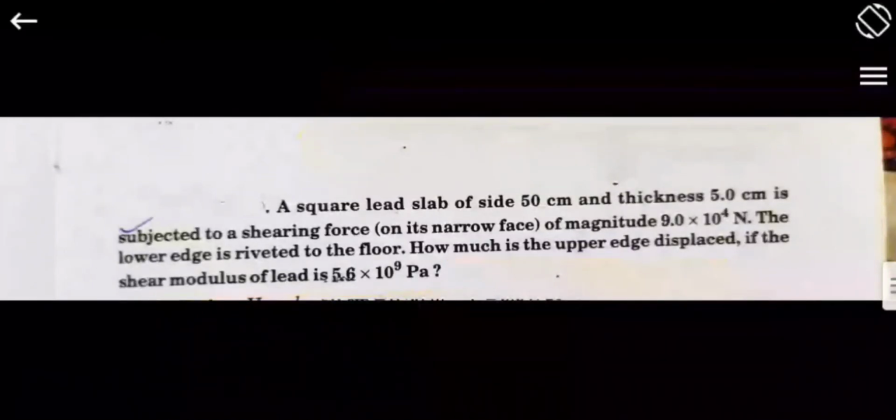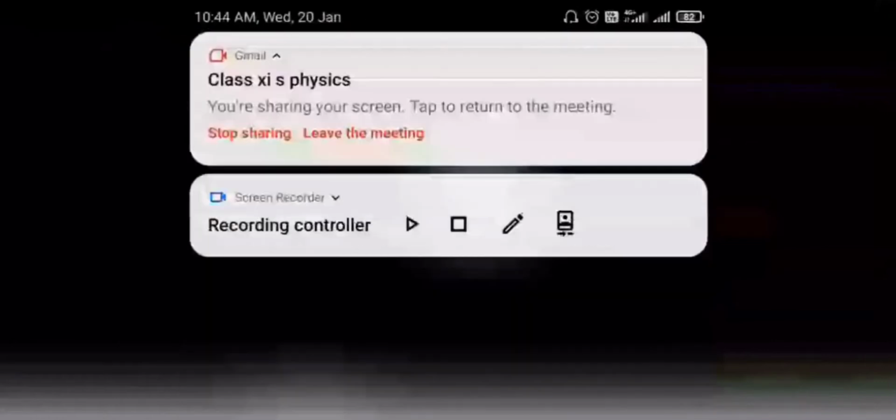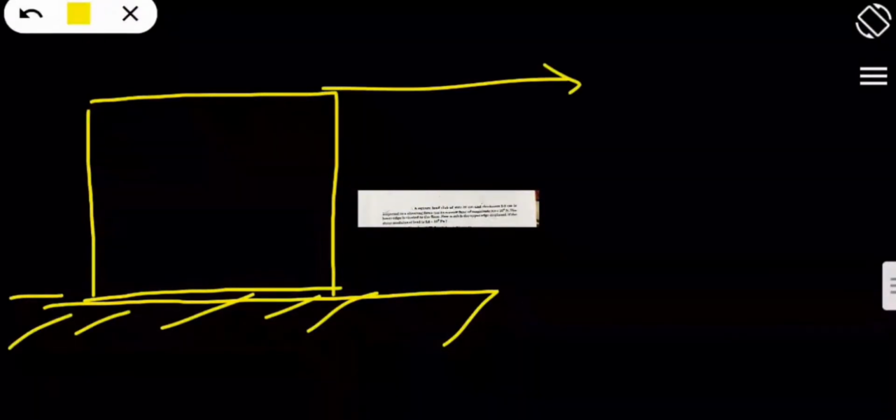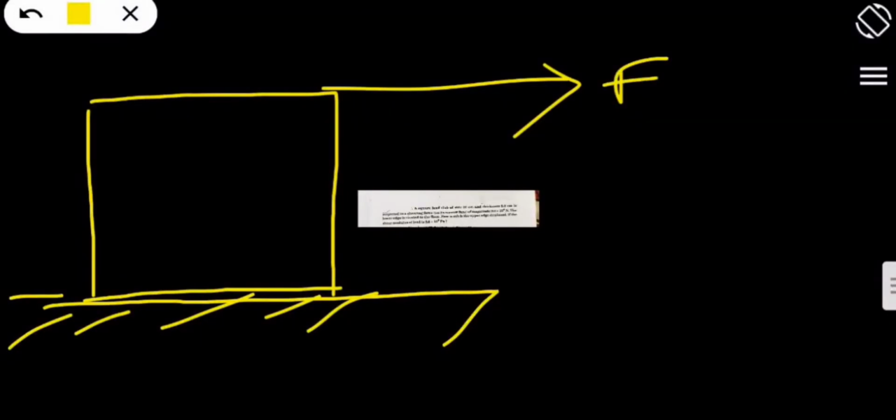So first let me draw the diagram. All of you draw it and you will get to know how it will take place. See here, this is a square box like this, riveted to the floor. After you apply a force in this direction, it is going to shift.